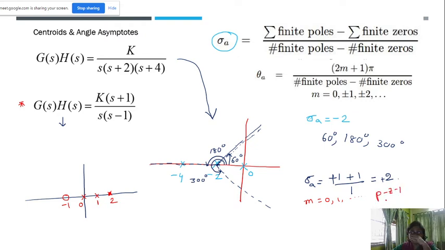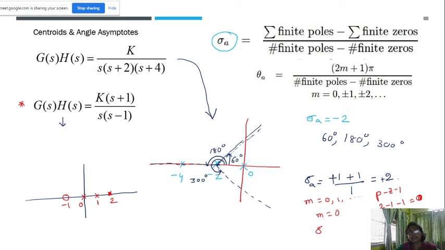How many p? P is 2. How many z? Z is 1. Minus 1, that means 0. So m will be only 0. That means we will get only one asymptotic angle.